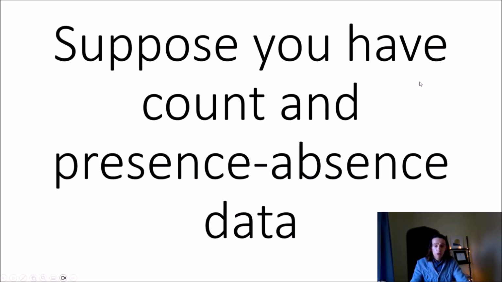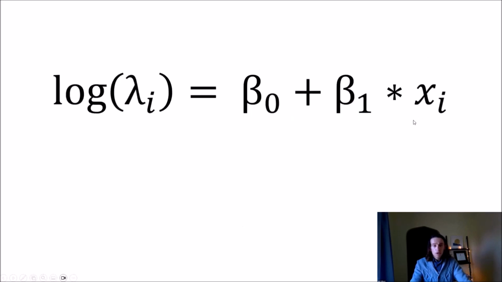With this example, let's assume that you have replicated count data as well as replicated presence-absence data, so we've got repeat visits for both of them. First I'll start with the portion of the model where we model our count data. This is our submodel for our count data.